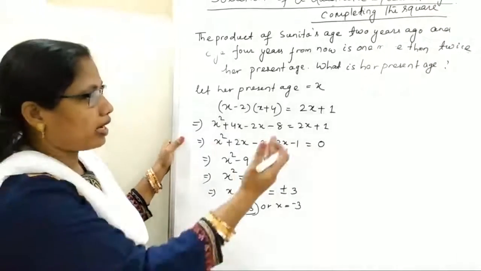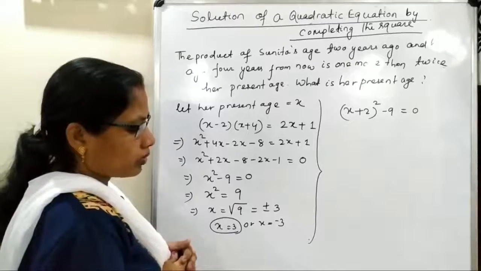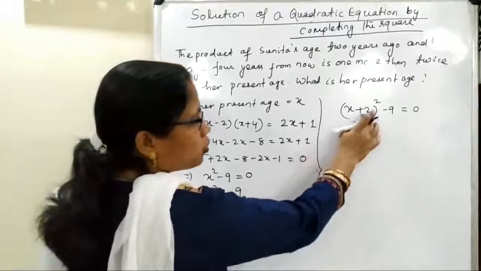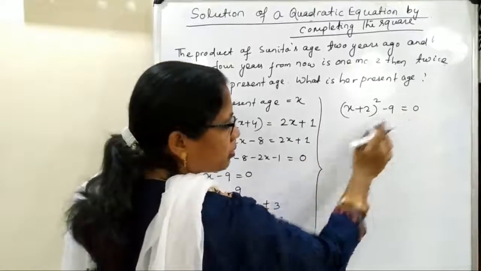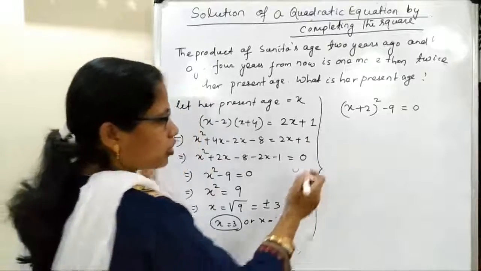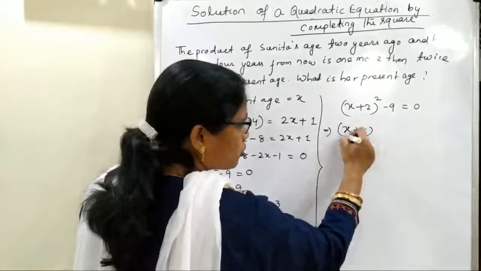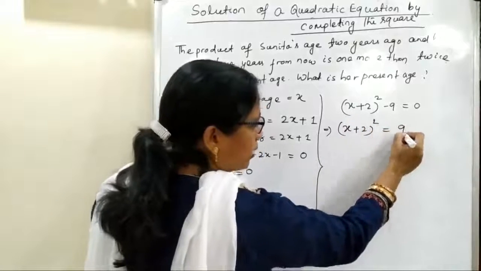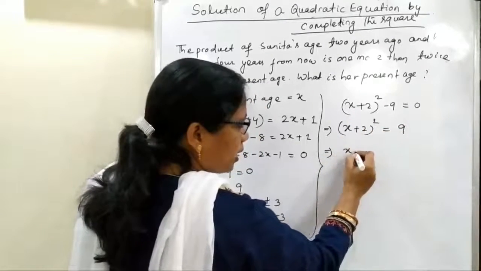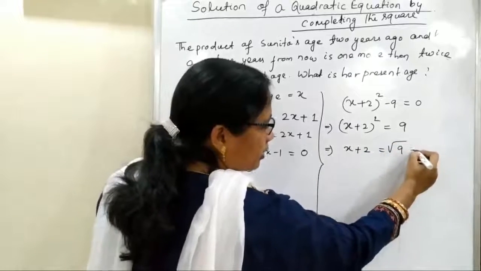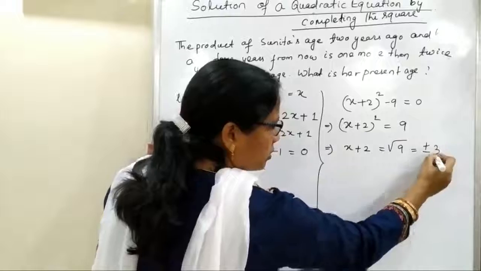So let us take another example. Here I am taking another equation, x plus 2 whole square minus 9 is equal to 0. To find the solution, I can write it as x plus 2 whole square is equal to 9. So this implies x plus 2 is equal to square root of 9, that is plus or minus 3.